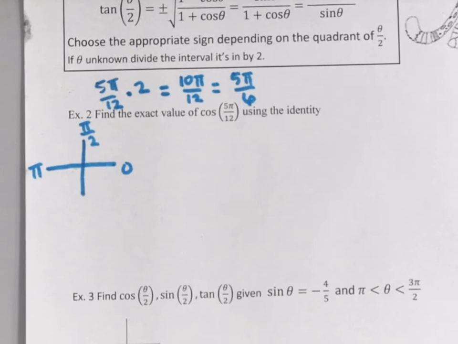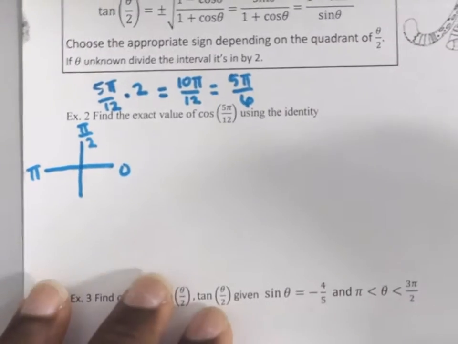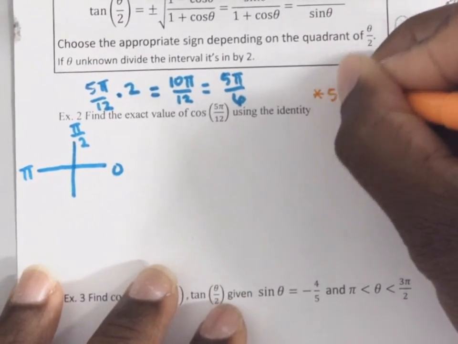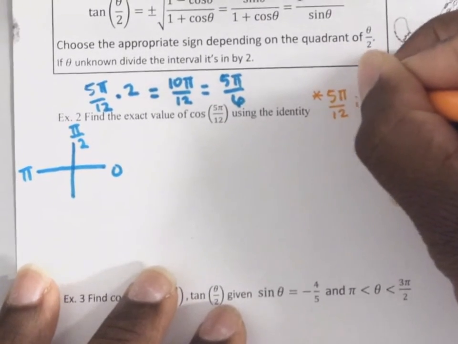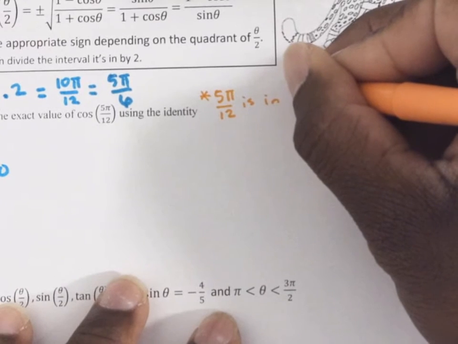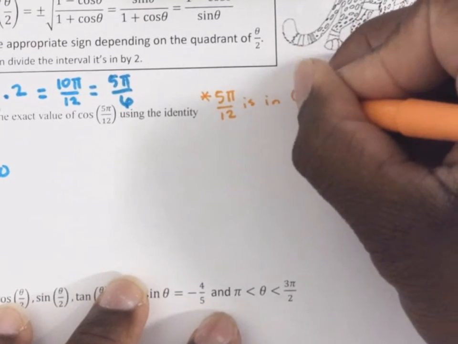We're looking for 5 pi over 12, our original angle. That's not on the chart, so I'll make a little note. We say 5 pi over 12 is in quadrant 1.